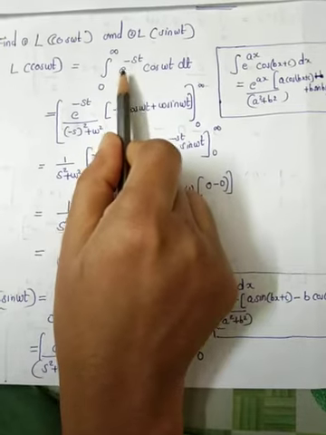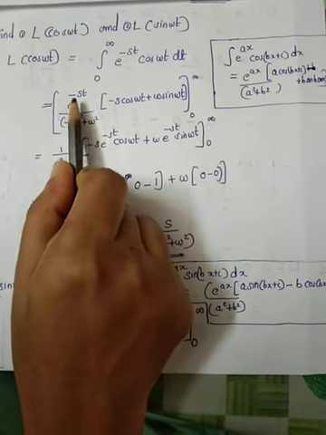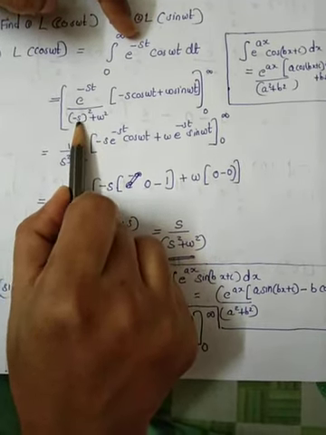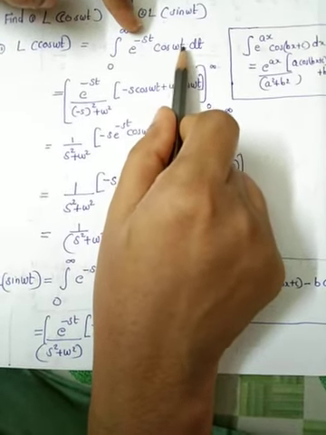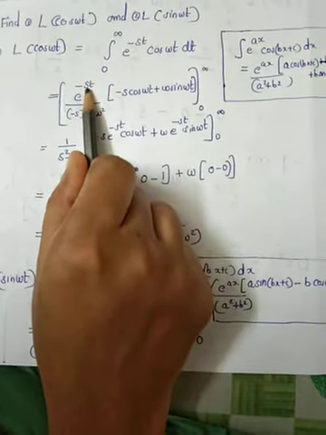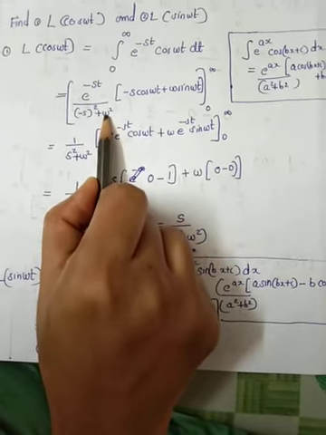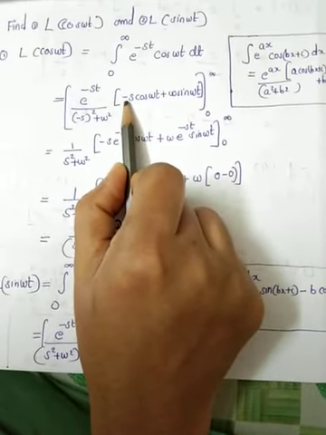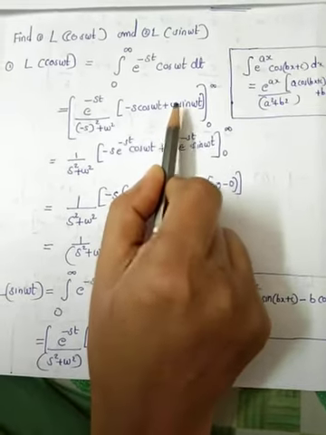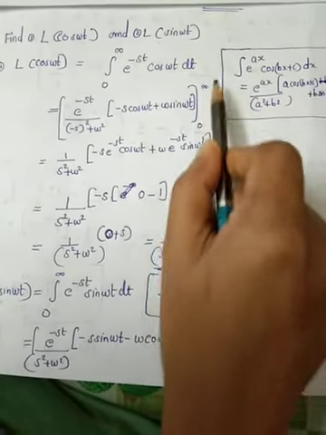So integral 0 to infinity e raised to minus st cos wt dt is equal to e raised to minus st divided by a square plus b square, where the coefficient of t is minus s, therefore a square is minus s square, and b is the coefficient of t in cos, so it is w, so w square, into a cos wt, that is minus s cos wt, plus b sin wt, that is w sin wt, where limits are 0 to infinity.